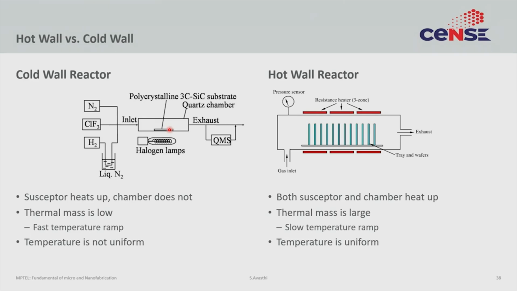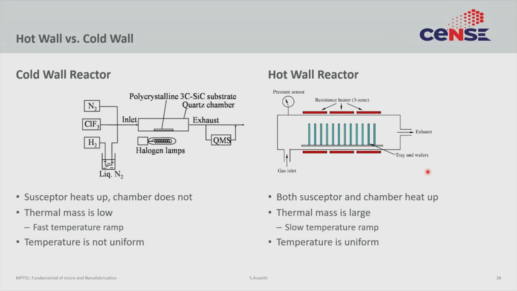The problem with the hot wall reactor approach is that it has a very large thermal mass. Not just the wafers are hot, but the quartz chamber is hot, the resistance heaters are hot. So, in order to change the temperature, you now need to provide heat to change the temperature across all of this, right.